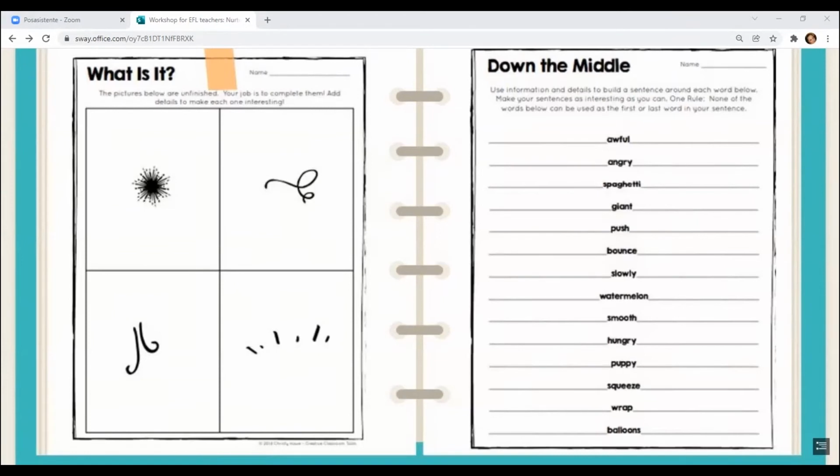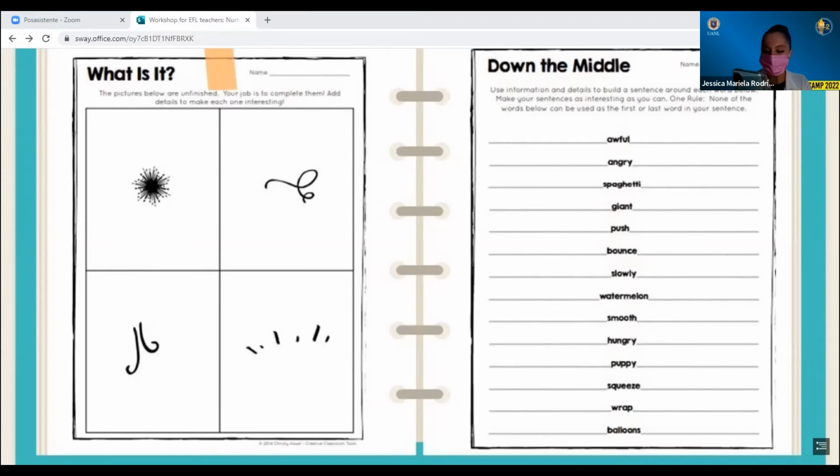Okay, I drew a tree and some flowers, and on the other one I drew a ring with a big diamond. Then the first one, what is the first one? What did you say? I described the tree with the flowers. Okay. You described the third one, the tree with the flowers.